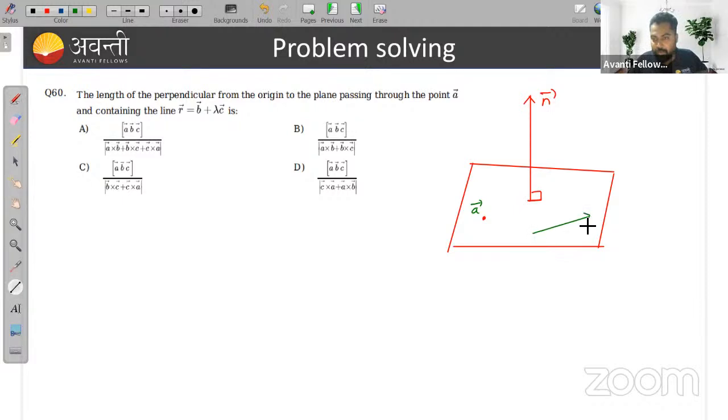Containing the line R is equal to B plus lambda C. That means it is passing through the point B and parallel to the vector C. Yes or no? Am I correct or not? Yes. Sure. So if we join these 2 points, point A and point B.